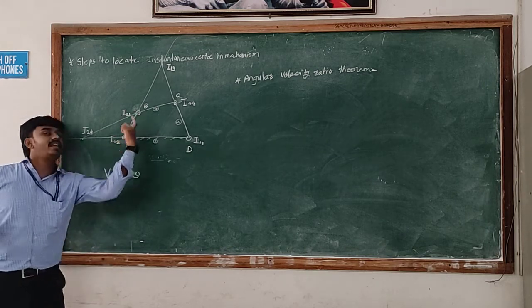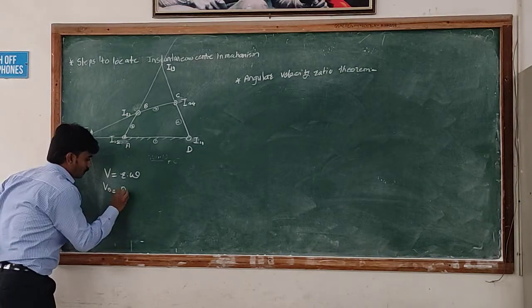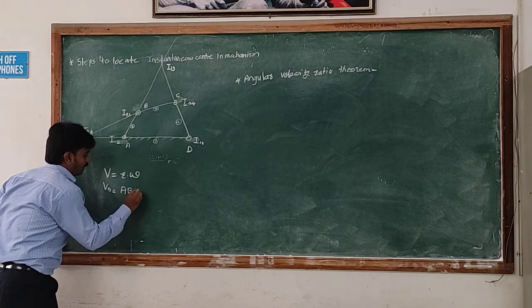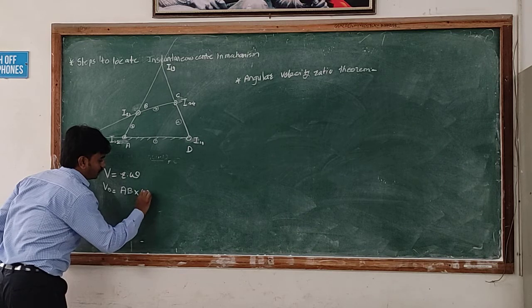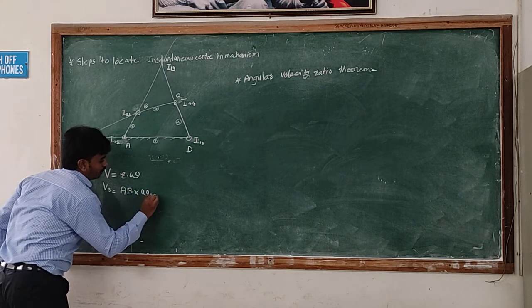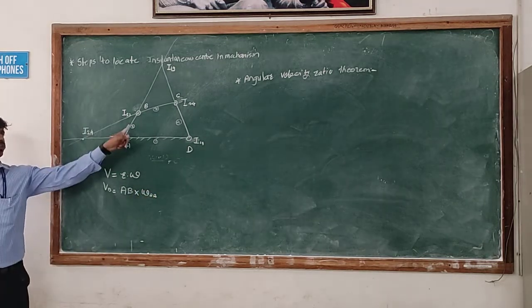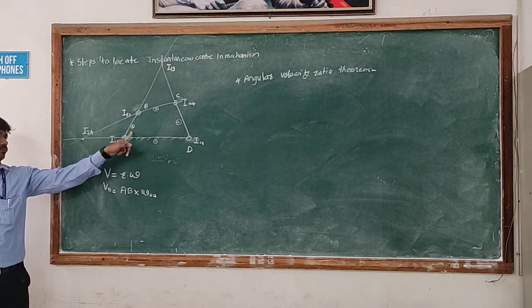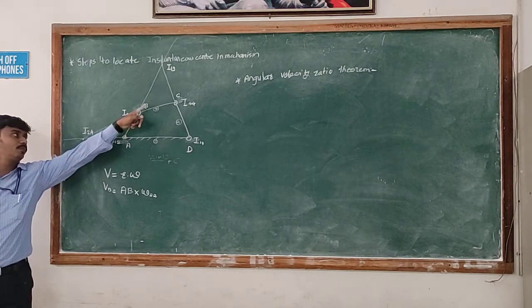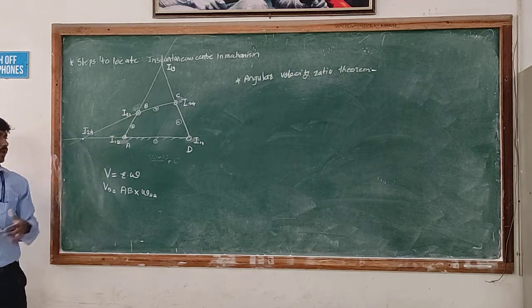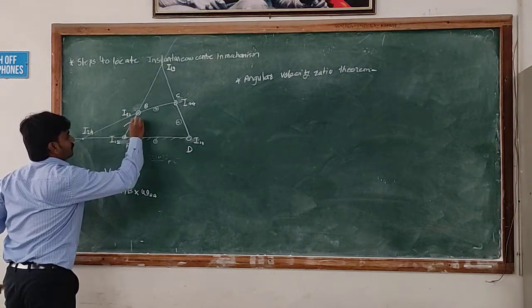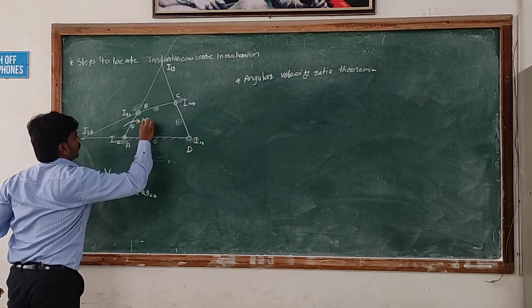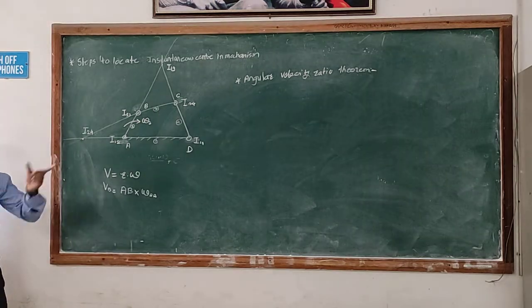R is the length AB, and omega is the angular velocity of point B with respect to A. If we consider this, omega 2 is the angular velocity of the link AB.